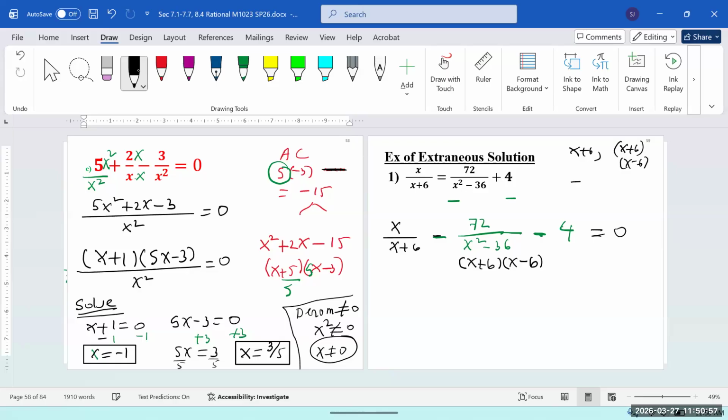If you compare them, what is our LCD? Definitely x plus 6 because we have one of them and one of them. So we take one of them. And also x minus 6 because this is extra. Anytime you see anything extra, you have to keep it. You want to have everything from all the denominators in our common denominator.